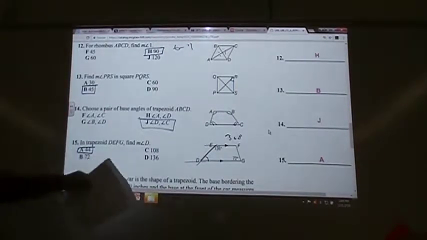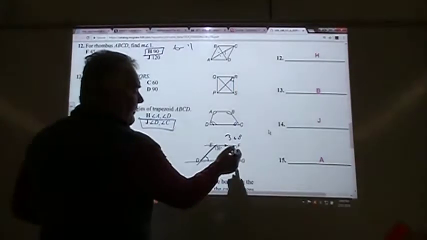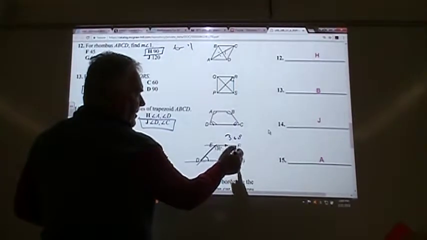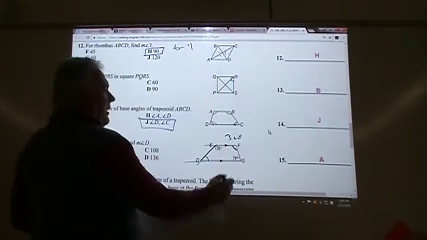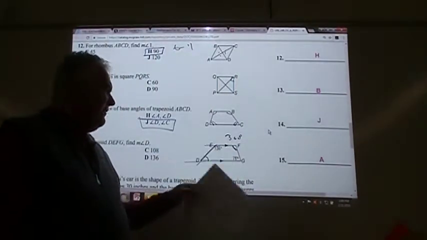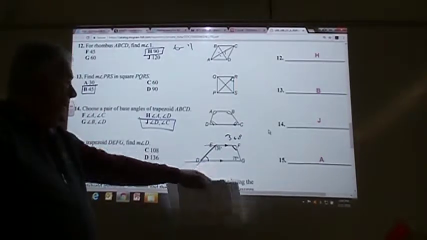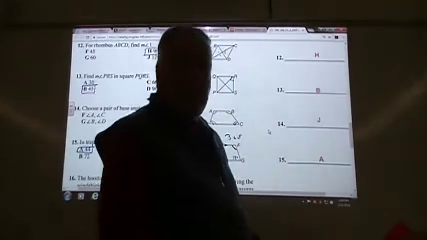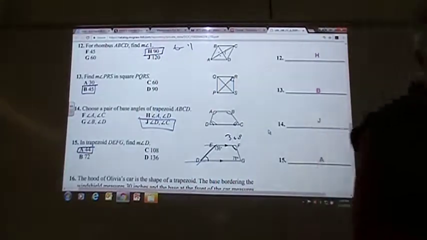And that gives us that measurement. You could have found, these are going to be supplementary too. They're going to add up to be 180, but we really don't need to find F. They're not asking for that. They're asking for D here. Let me adjust the screen a little bit for the next couple of problems.